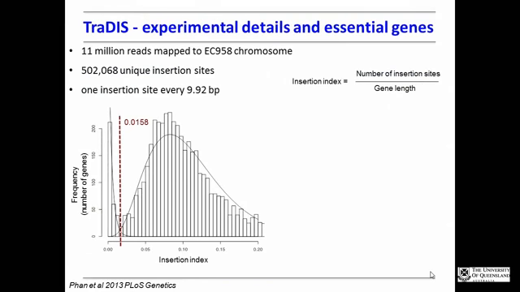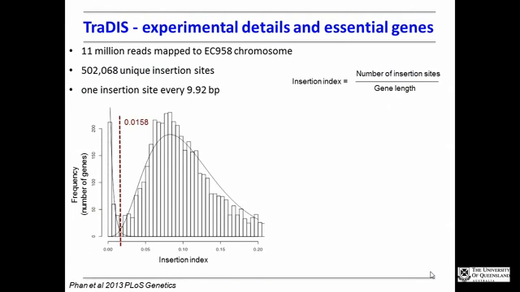Okay, so this is some of the data that we got from the experiment. We had around 11 million reads that mapped to the EC958 chromosome, and this corresponded to around 500,000 unique insertion sites. So we estimated that our library contained a transposon insertion approximately once every 10 base pairs. I think you would agree that that's highly saturated.